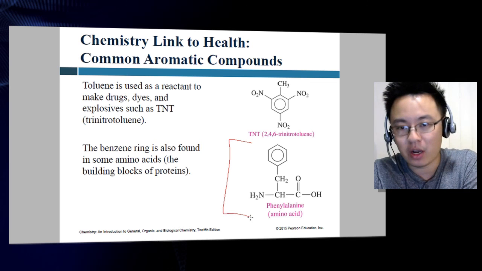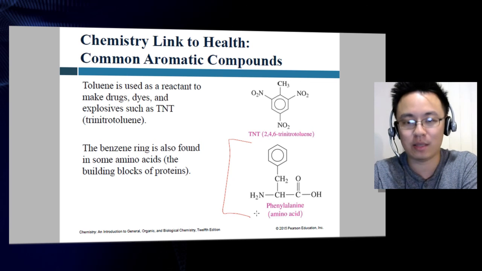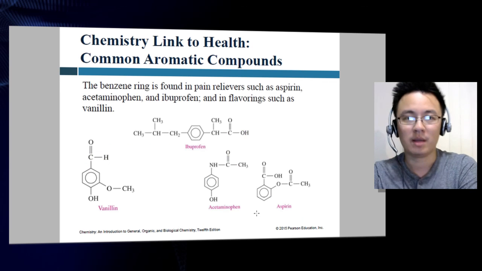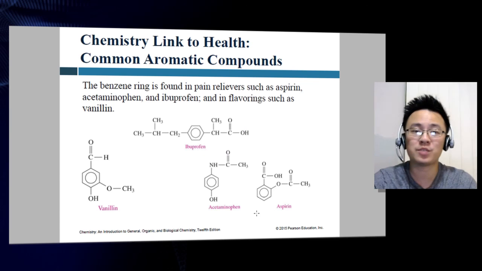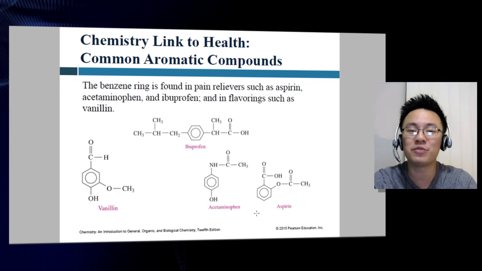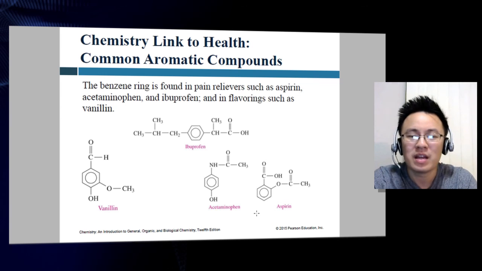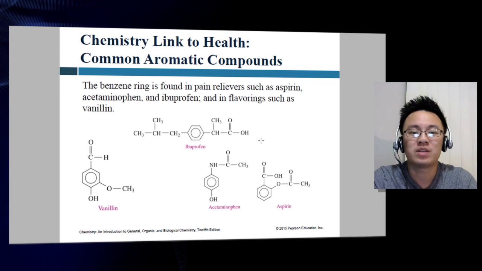Phenylalanine is a very common amino acid. The benzene ring is also found in many pain relievers such as aspirin, acetaminophen, and ibuprofen. I can't even pronounce that today. And in flavoring such as vanillin.